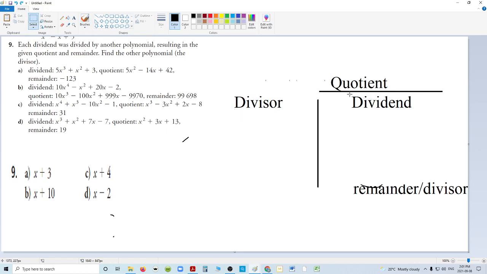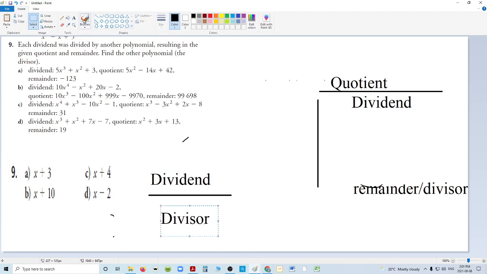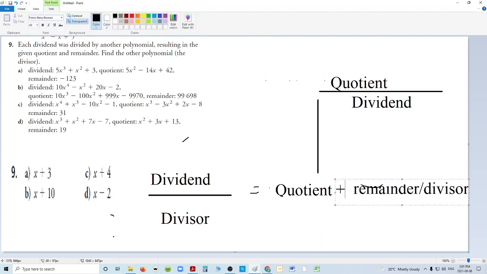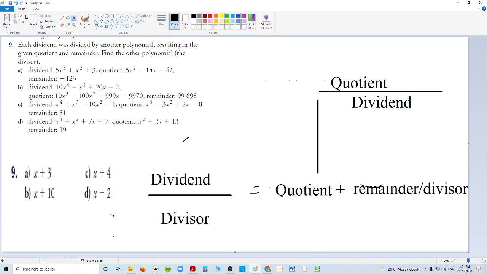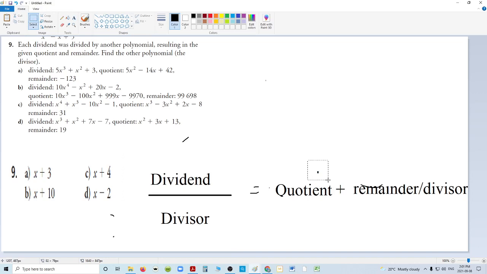So when I take my dividend and I divide it by my divisor, it is equal to my quotient plus, a big old plus here, my remainder that could not be divided by the divisor, or my remainder over divisor.